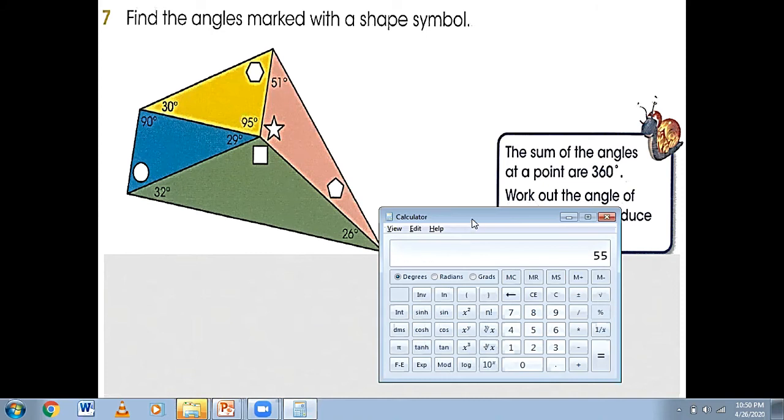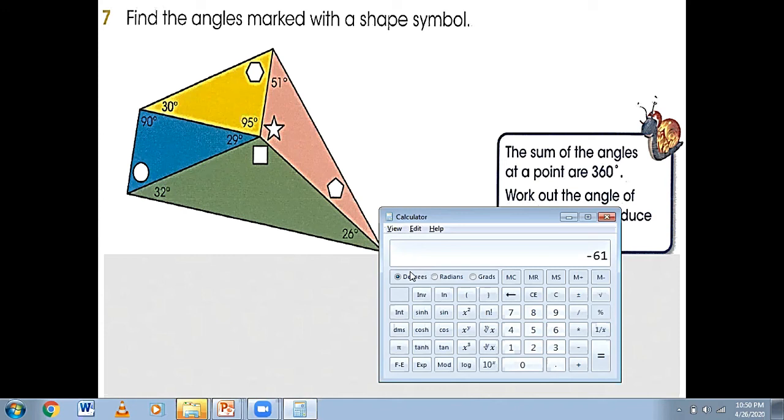Next is, if here is 55, we also have 90 and 29. What is this angle? 90 plus 29, then 180 minus that. So 61. So this angle must be 61.